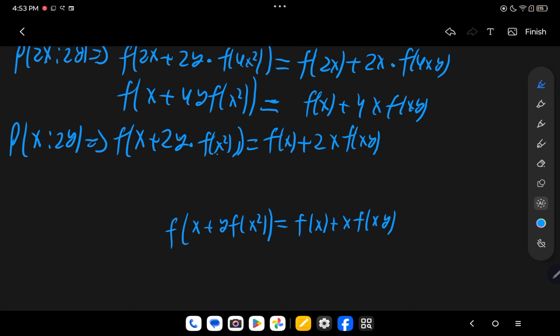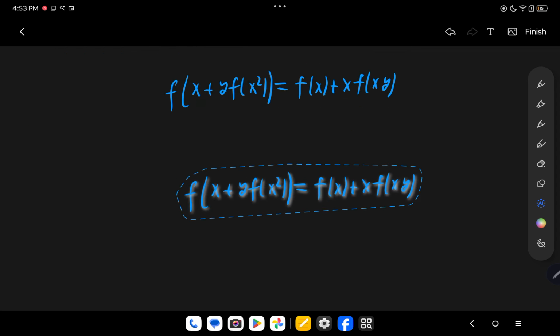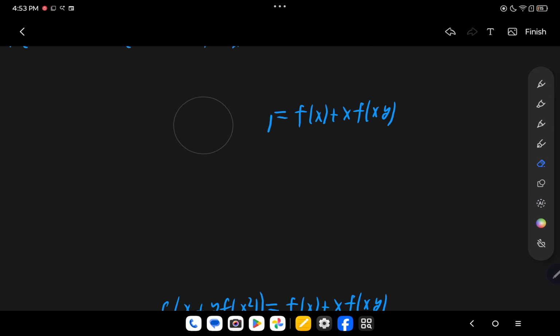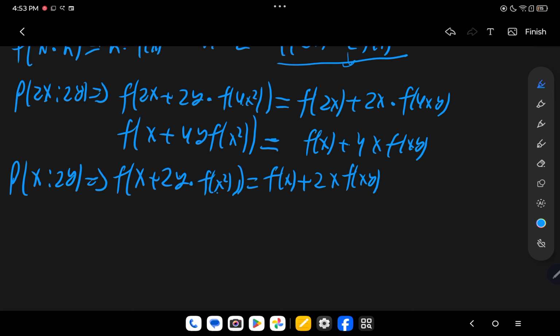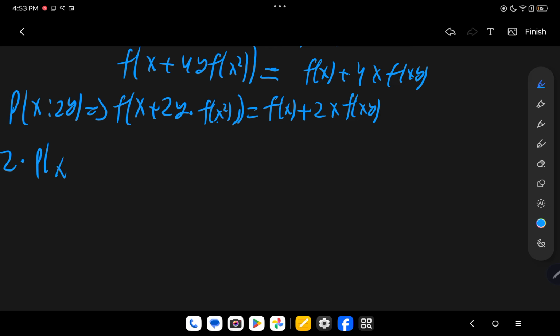And from here, okay, so if we subtract these two, actually we will subtract 2 times this, x and 2y minus 2x and 2y.